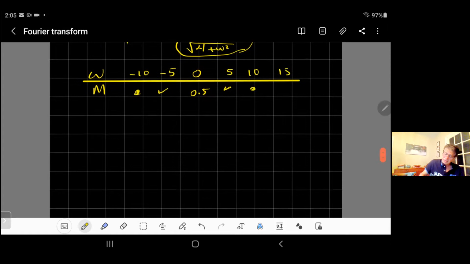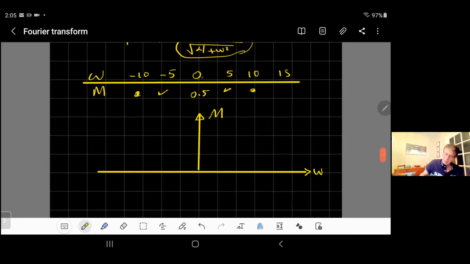And then I did that, and I found that when I sketch the relationship between the frequency and the magnitude of the frequency component, I have 0.5 in the middle at 0, and then it keeps getting lower every time you increase the frequency. So it tells you that this exponential function has many frequency components, many harmonics, and it has a DC component at frequency equals 0.